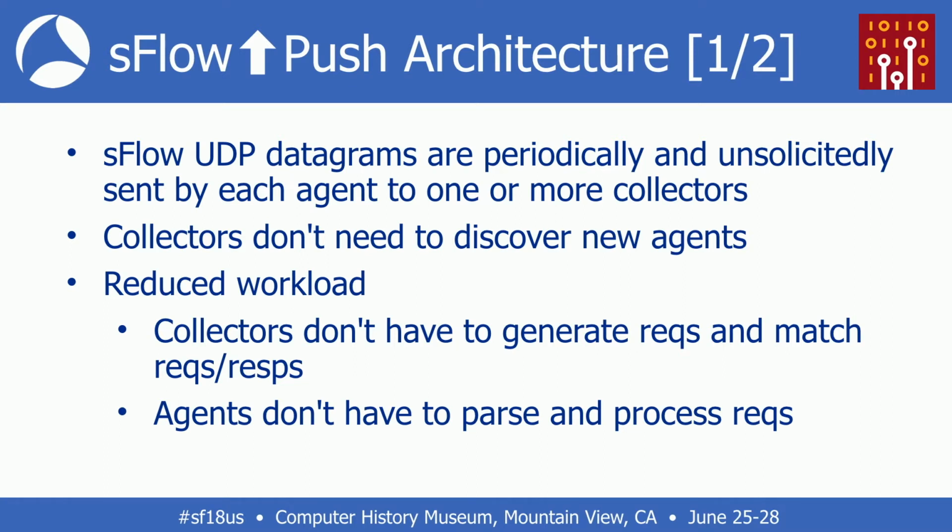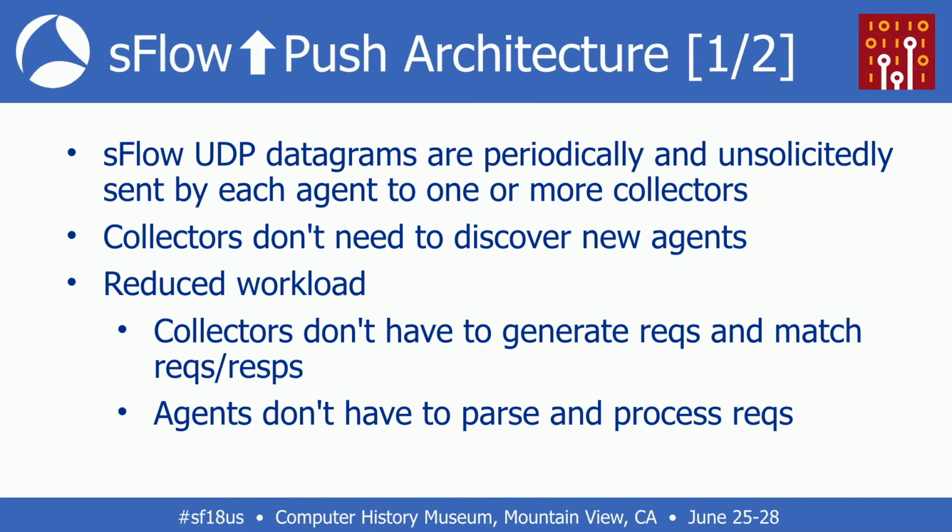So this has a series of benefits. For example, the collector doesn't have to discover new agents, because you set up a new agent, you configure it to export to a given IP address, and you are done.